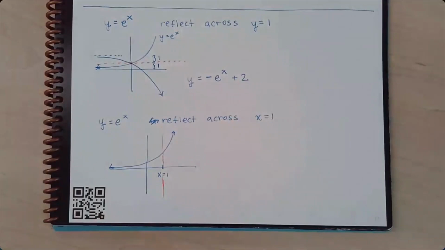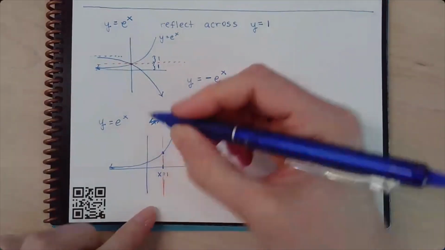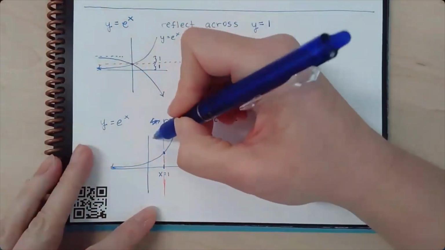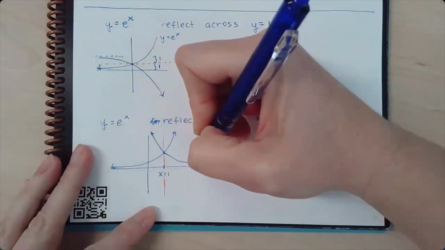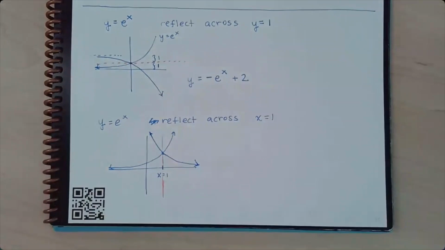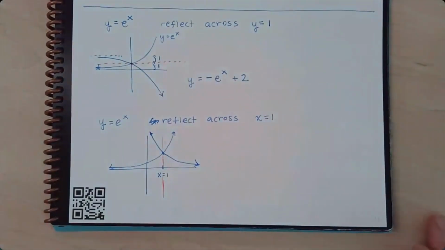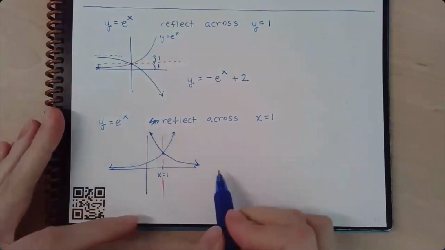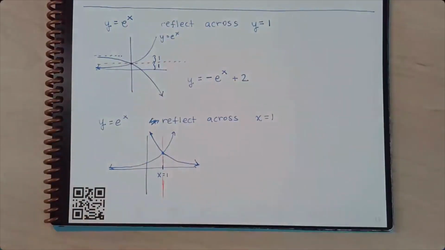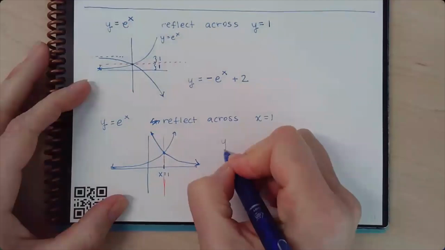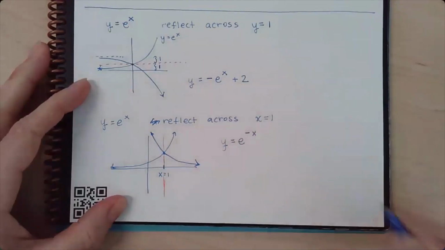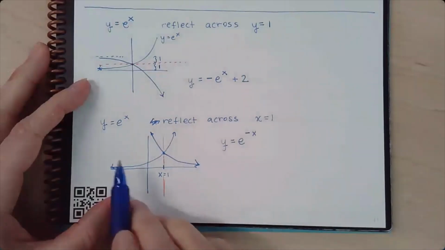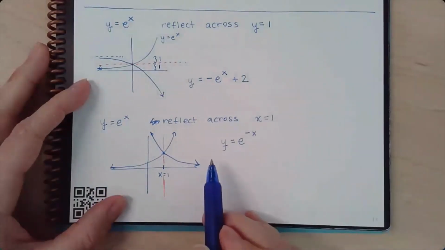So I'm reflecting. So it's now looking like this. So first of all, making that reflection means I'm looking at some sort of y equals e to the negative x. But also we need to be shifted over.